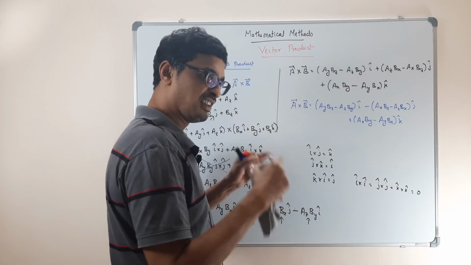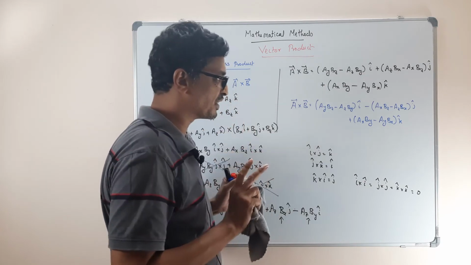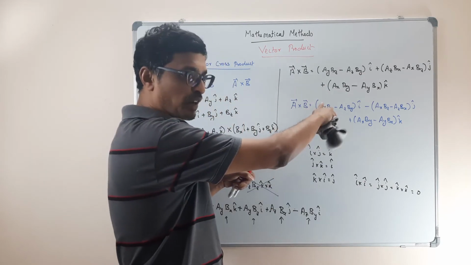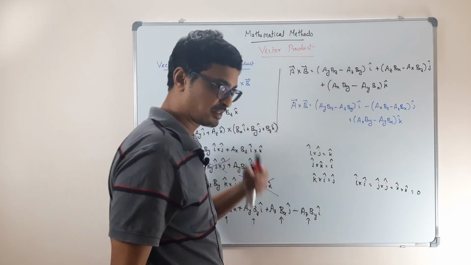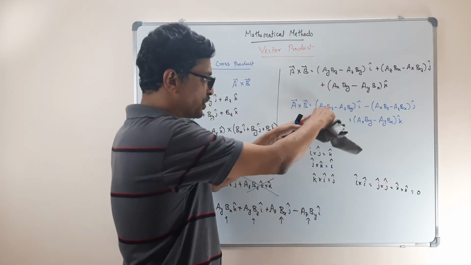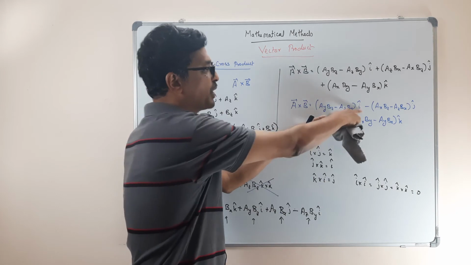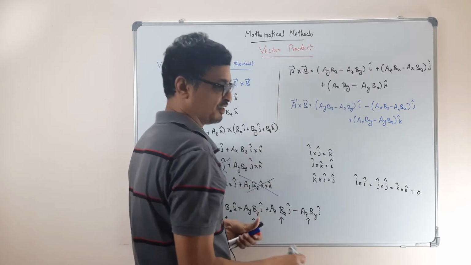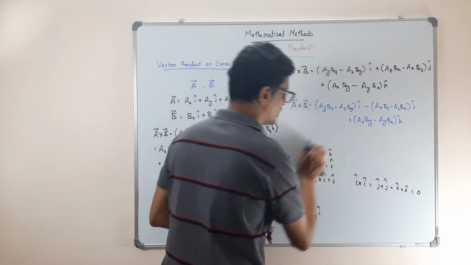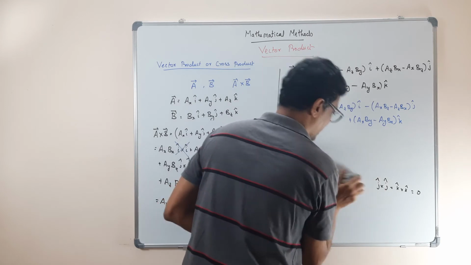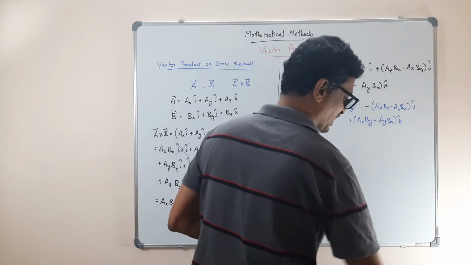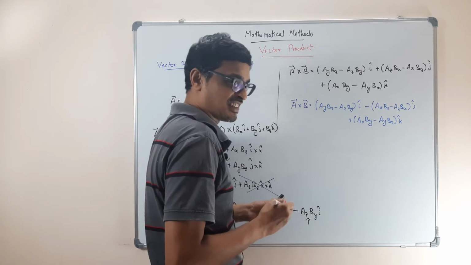But recently we have done something of this sort, where you have two quantities' product, minus, and the third quantity multiplied by the first product. You don't remember? Yes, correct. Matrices only. Determinants.